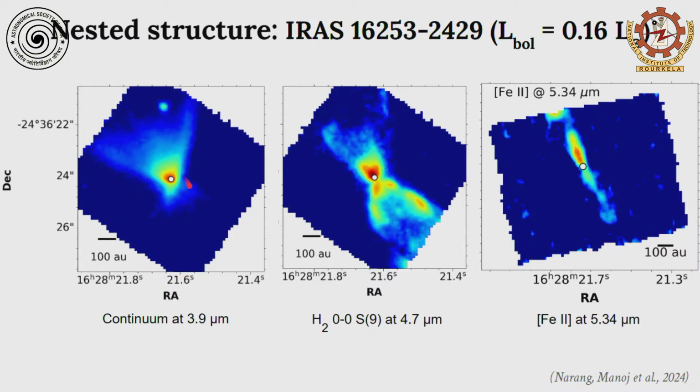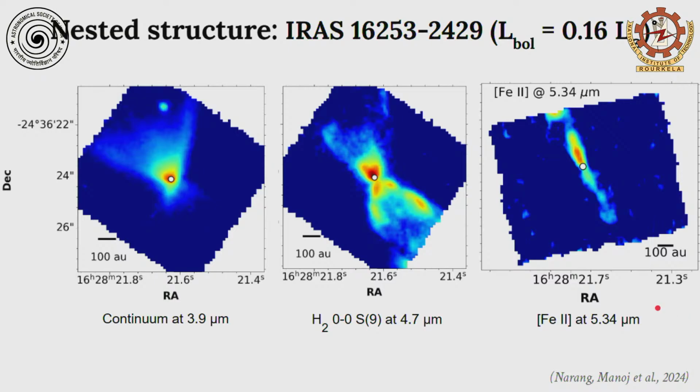That kind of traces the width of the cavity. This is the molecular hydrogen line, the S(9) line, the J=11 to 9 transition. You see it's much narrower than the cavity itself, and then in the ionic fine structure lines, we see a highly collimated jet.